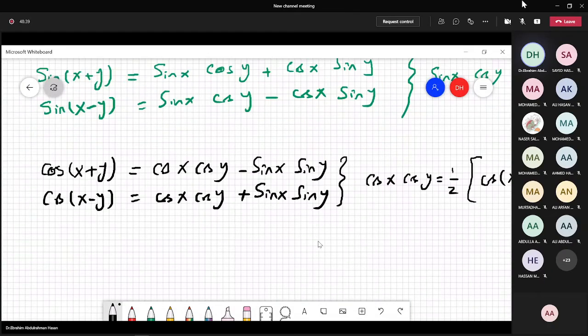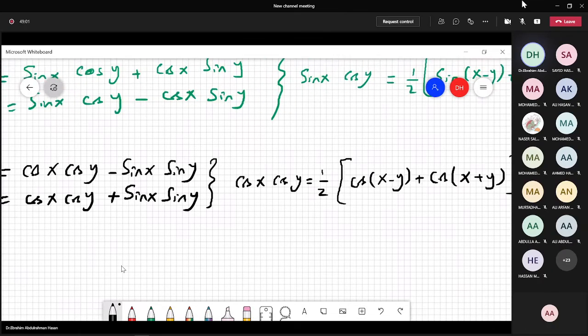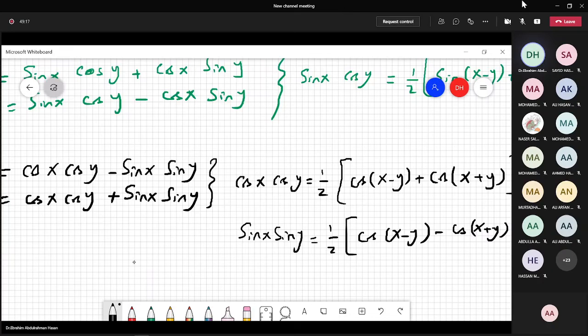Okay, if you subtract 2 from 1, or 1 from 2 would be better, 1 from 2, then this cancels with this one, and here we have 2 sine x sine y equal to the subtraction of these 2. So then sine x sine y equals half of cosine x minus y minus cosine x plus y.